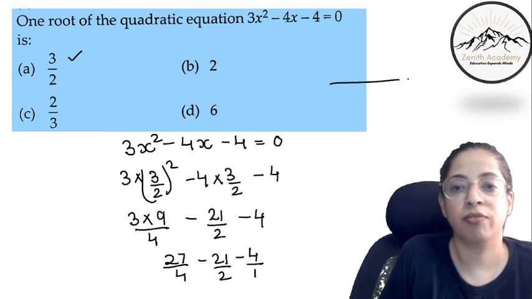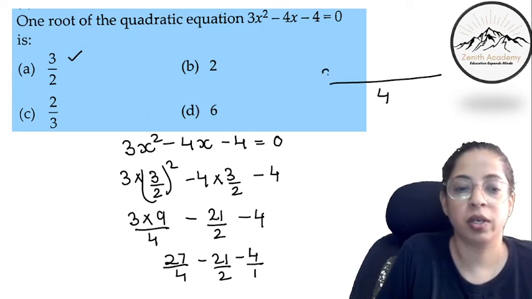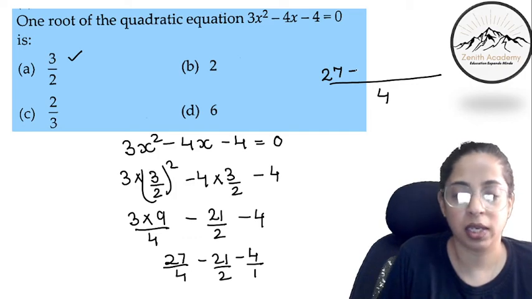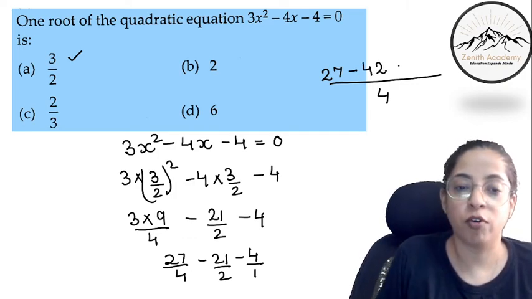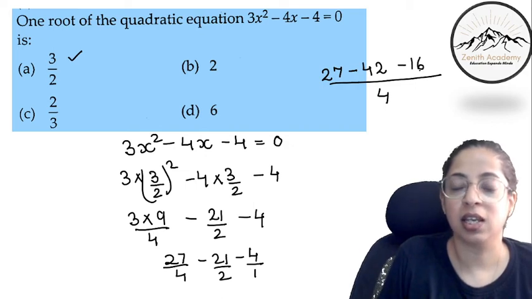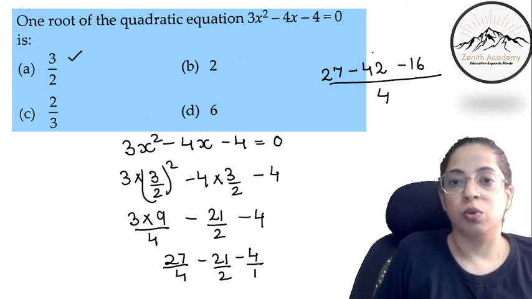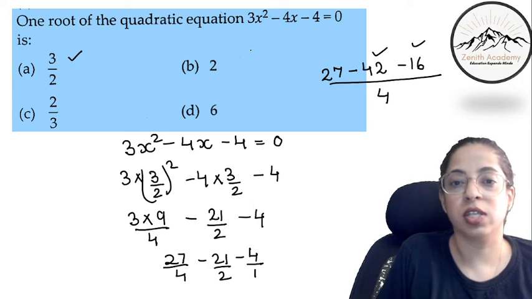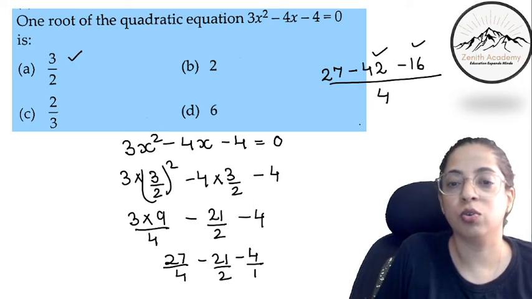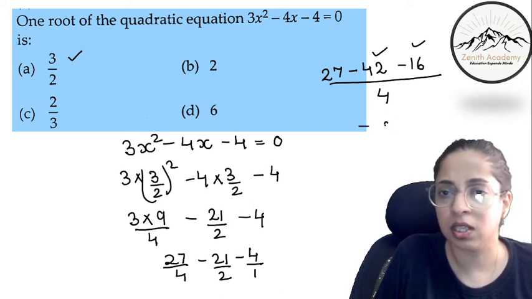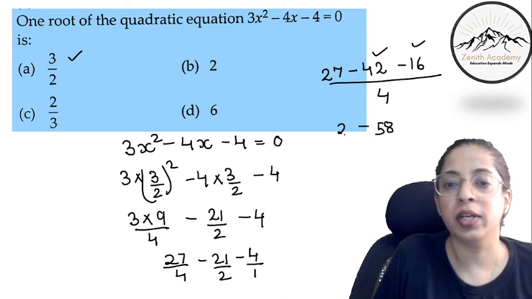So if I take 4 as the LCM, it becomes 27 minus 42, then 4 4s are 16, minus 16. So minus 42 minus 16 दोनों सेम साइन है तो ऐड हो जाएंगे तो हो जाएगा माइनस 58. 27 minus 58 by 4.